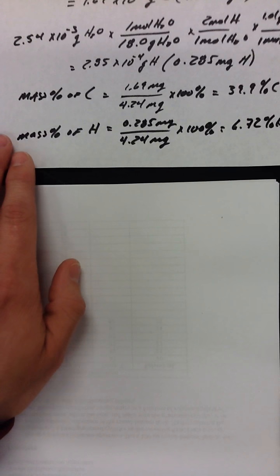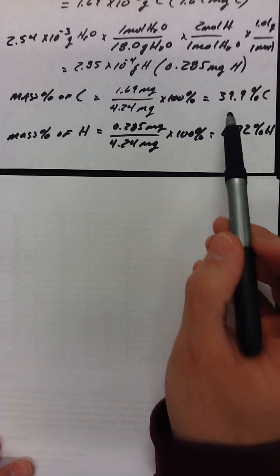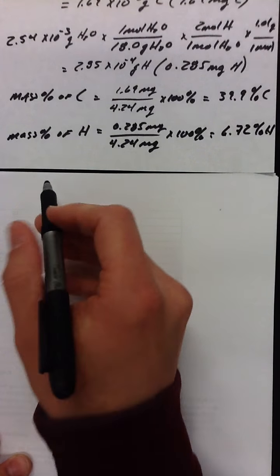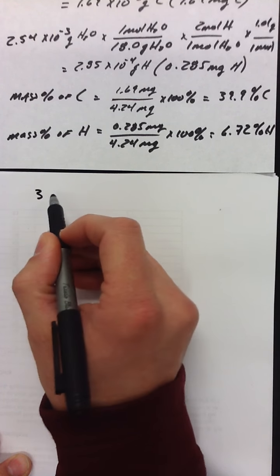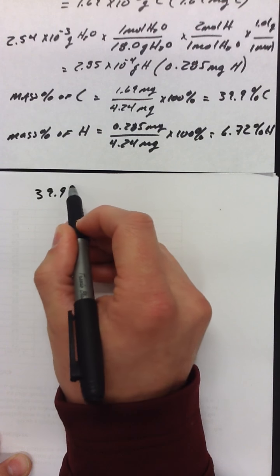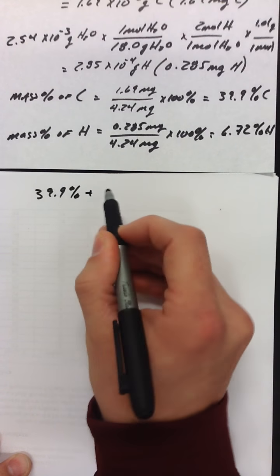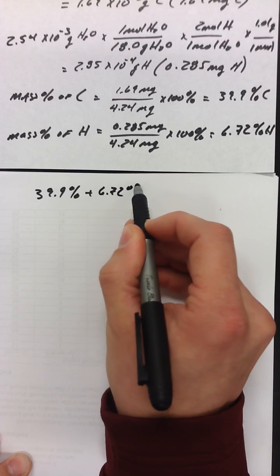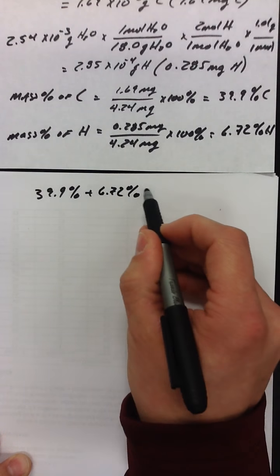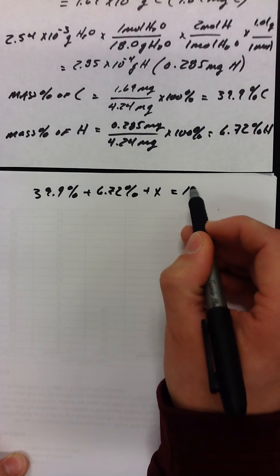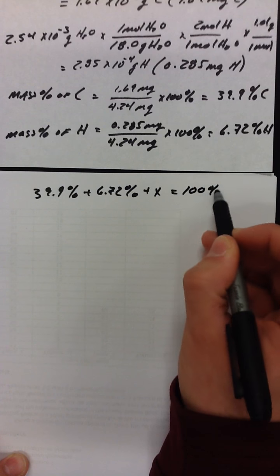Now, what we can do is use these percentages to figure out the mass of oxygen in the original sample, because we know that the percentages added together have to be 100%. So 39.9% plus 6.72% plus some other number, which is going to be the percent of oxygen, has to equal 100%.